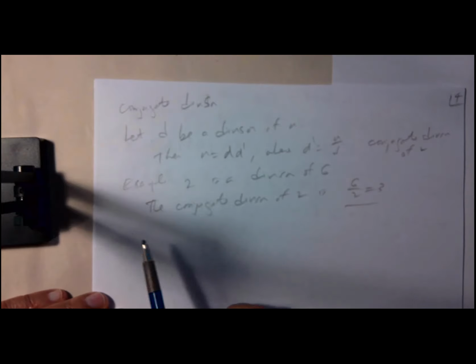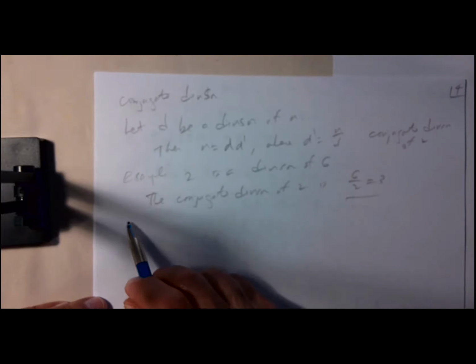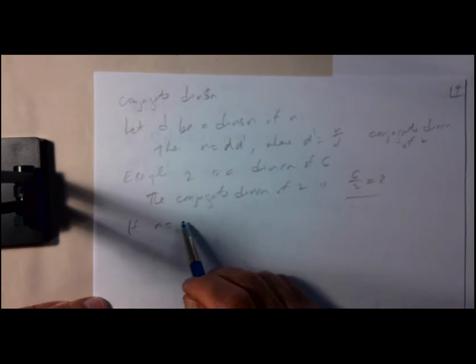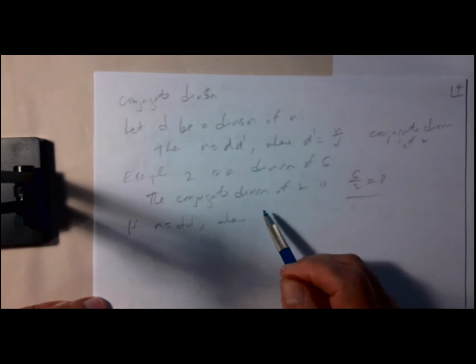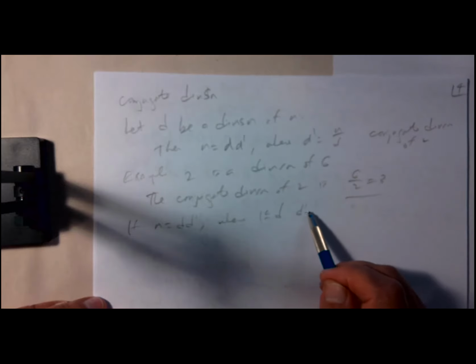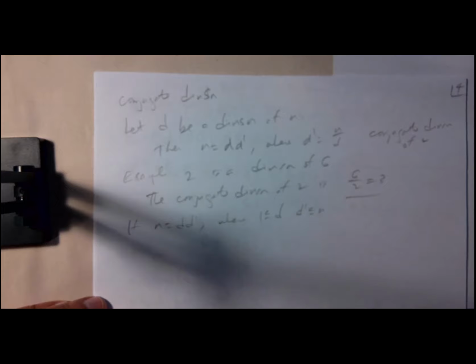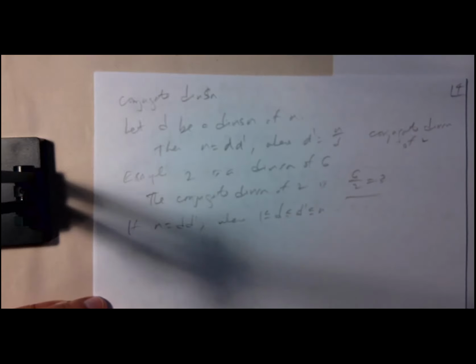There's also one other observation which is very important. This is known to the Greeks even. We'll talk about this soon. Suppose n factors into d times d prime, where d and d prime are both between 1 and n, and I choose d and d prime so that d is less than or equal to d prime.